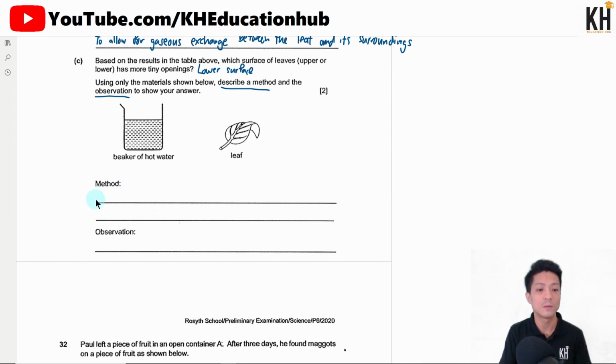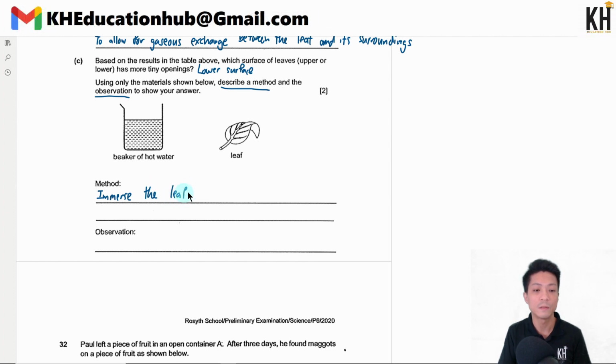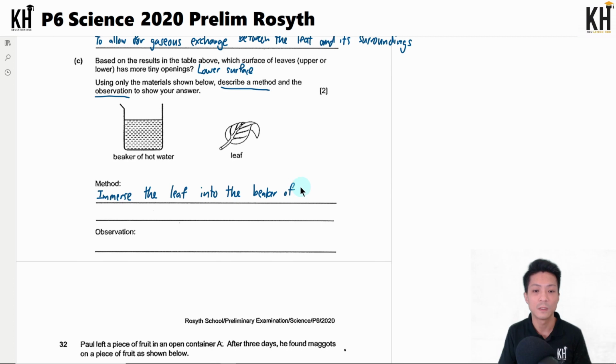So we just need to immerse the leaf into the beaker of hot water. Okay, so what will we observe?